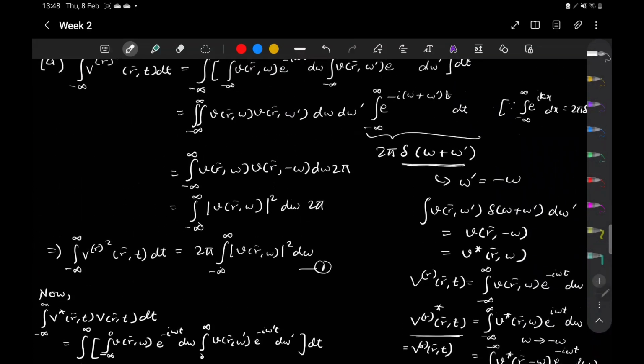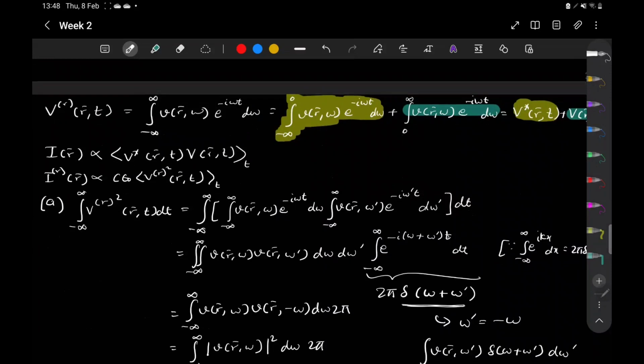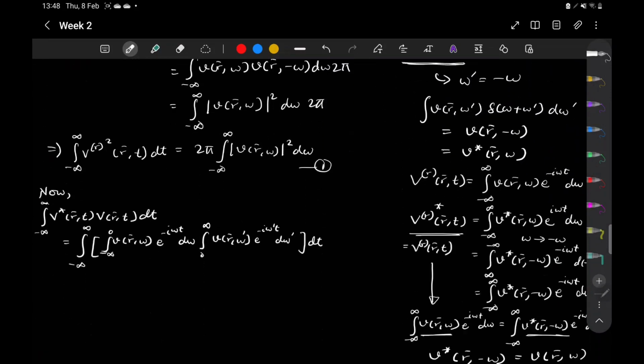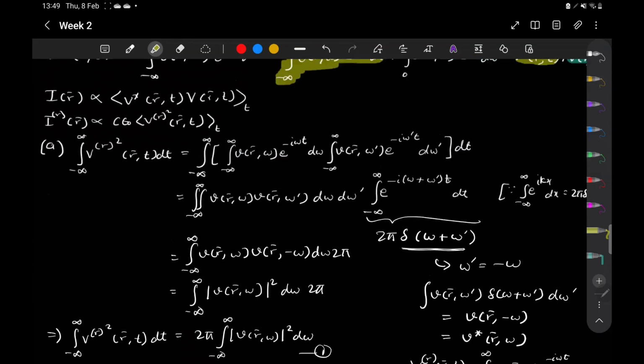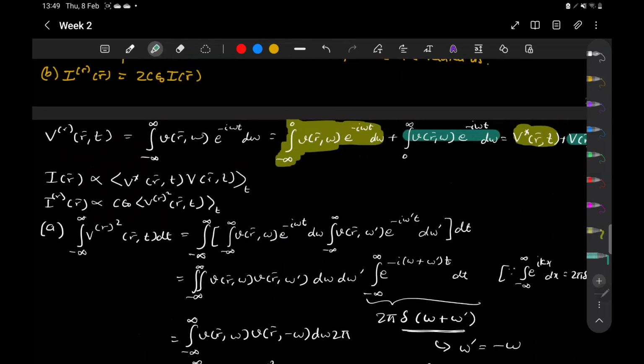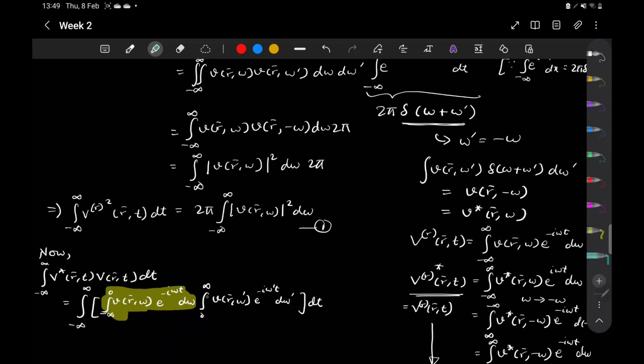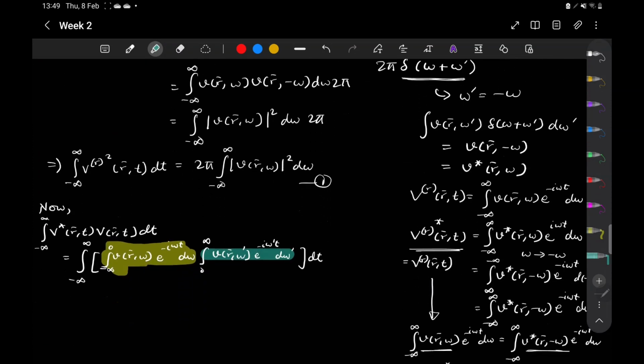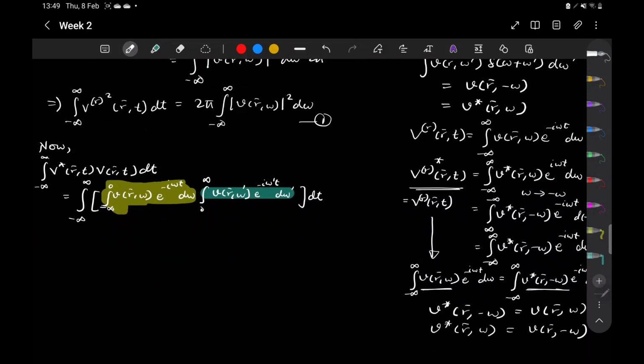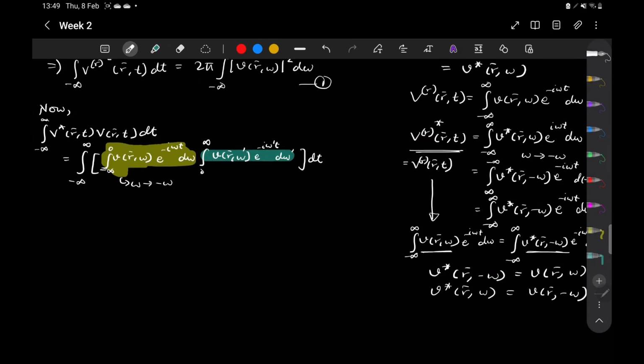This comes from here, these terms over here. So this, sorry, this is the first term, which is V star t, and this is the second term, which is Vt. Now let us put omega goes to minus omega in the first term.